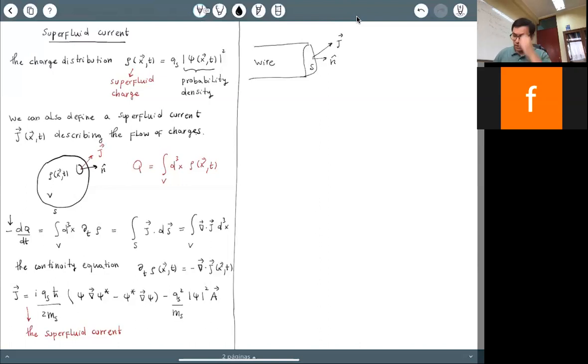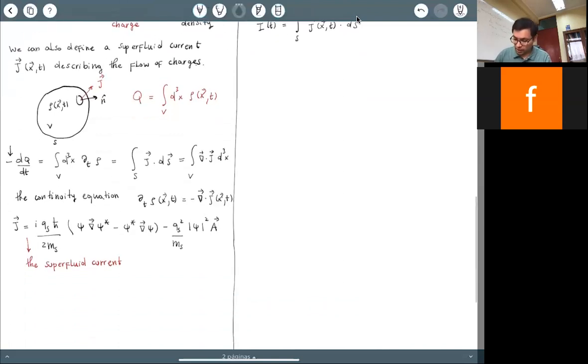Of course, the current will be nothing but the integral on the surface of this superfluid current density. Okay.